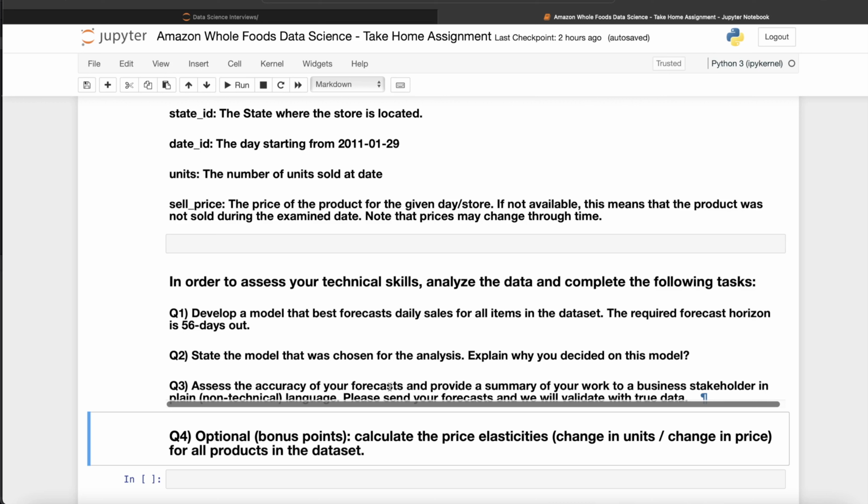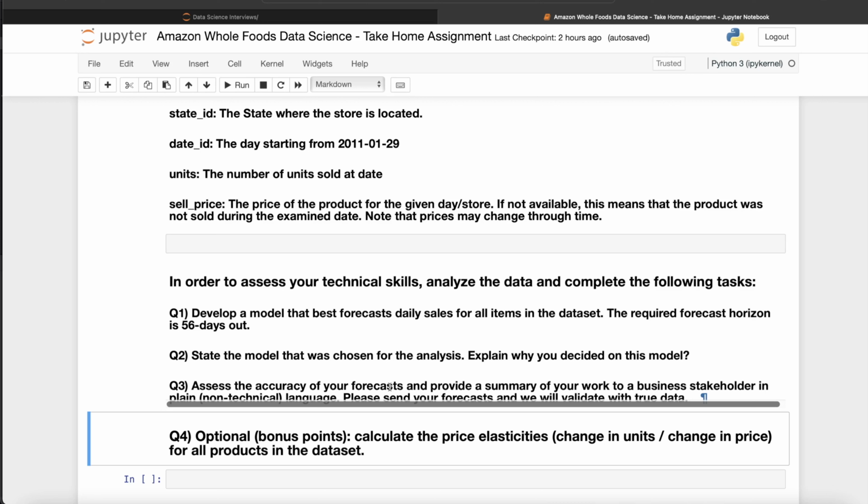You have a train test split, you train the different models on the training data, and then you forecast for the test data and look at your error and different metrics. How much difference is there from the test data? Whichever gets closer to the actual values in the test data is a good model for you.